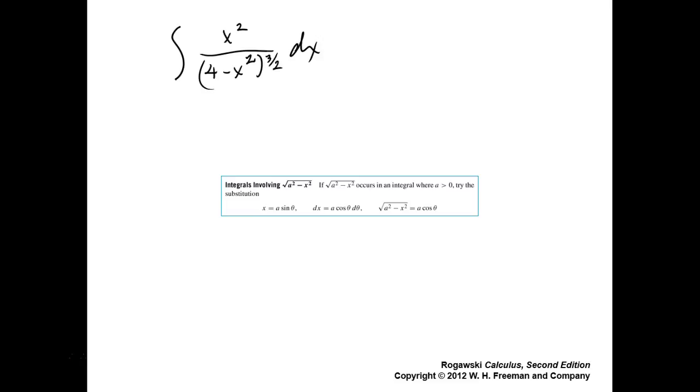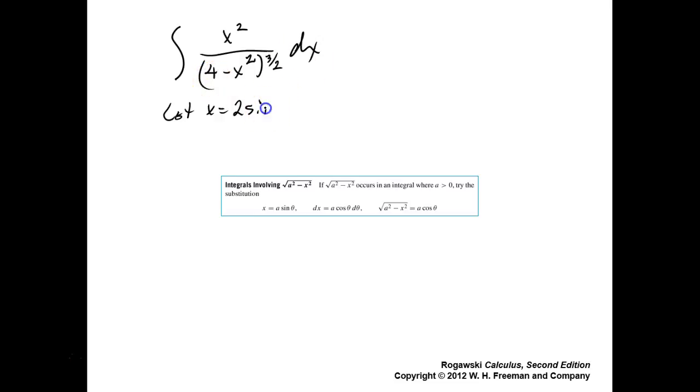So let's go back to a trig substitution. What trig substitution might you use? x equals what? Okay, it's 2 sine. Remember that a. This is a squared, 2 squared.